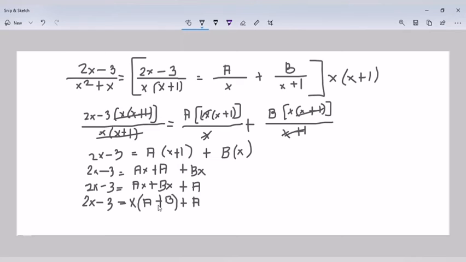Then equate the coefficient of x on the left and the right side, so that gives us a plus b equals 2, and a equals negative 3, which is the constant on both sides.